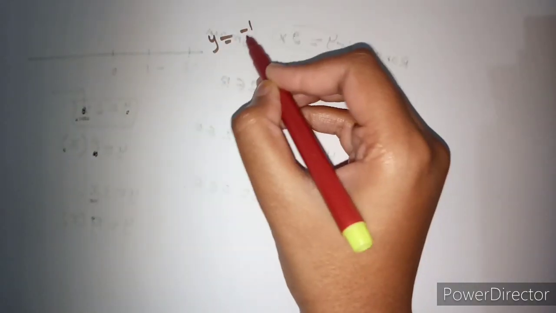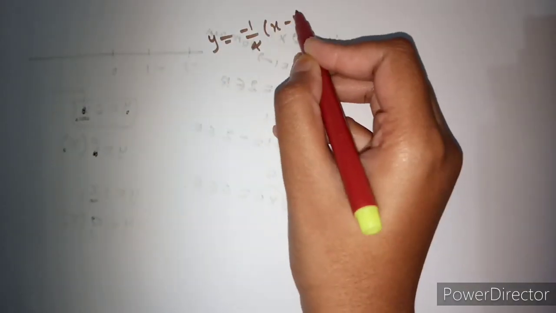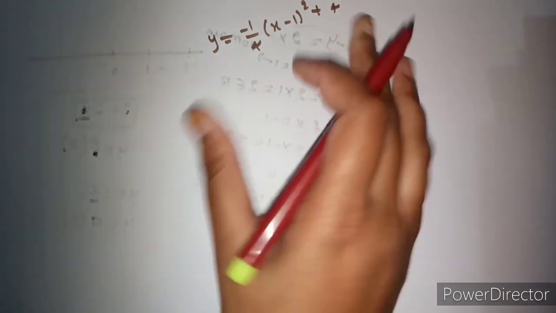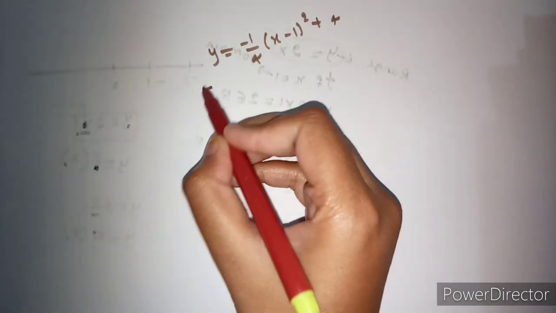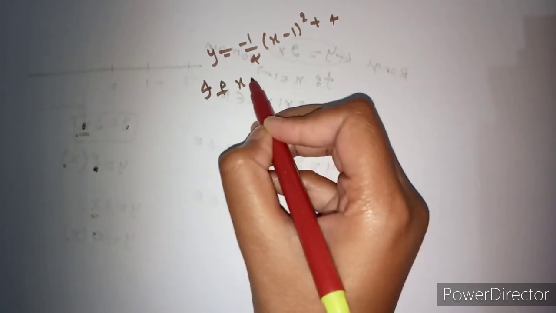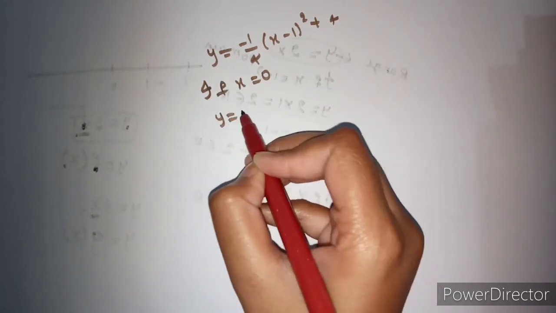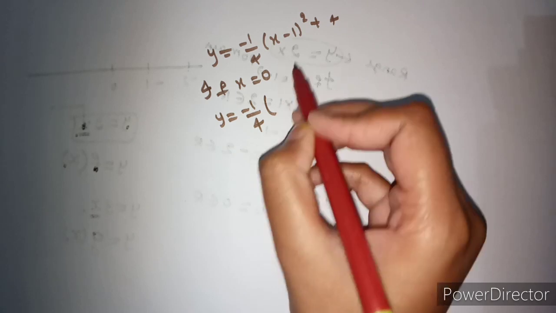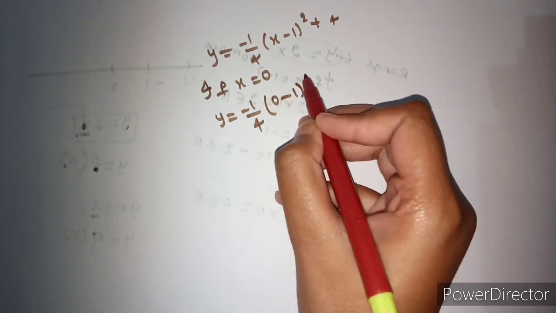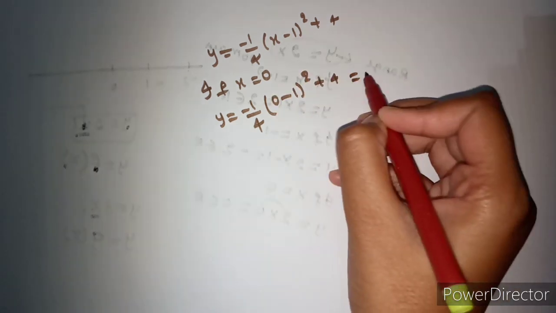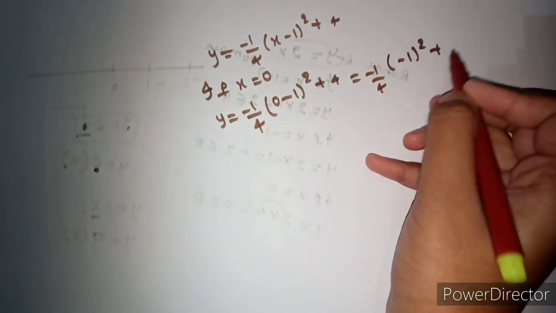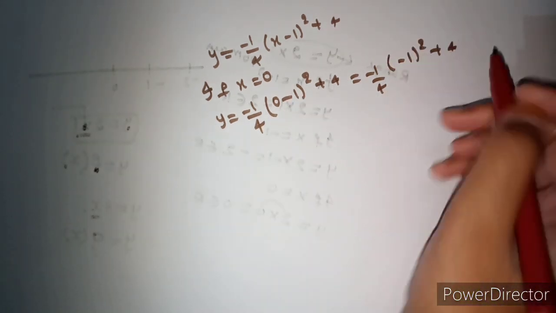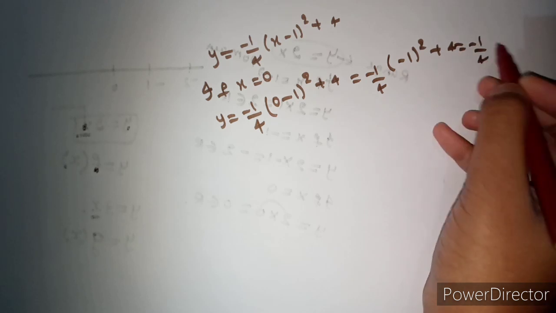See, y is equal to minus 1 by 4 into x minus 1 whole square plus 4. It is a function of x, right? If I take x is equal to 0 here, it will become minus 1 by 4. In place of x, use 0. 0 minus 1 is minus 1, square is plus 1, so minus 1 by 4 plus 4.